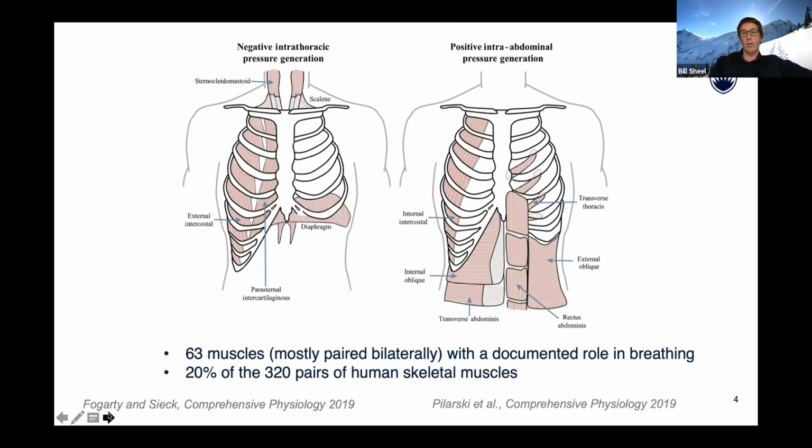I've shown the ones here that generate intrathoracic pressure changes, but there's a number of upper airway musculature, in particular around the throat and the glottis, which are very important. Fractionally speaking, that's about 20% of human skeletal muscles having some function related to breathing. So a very important grouping of musculature.